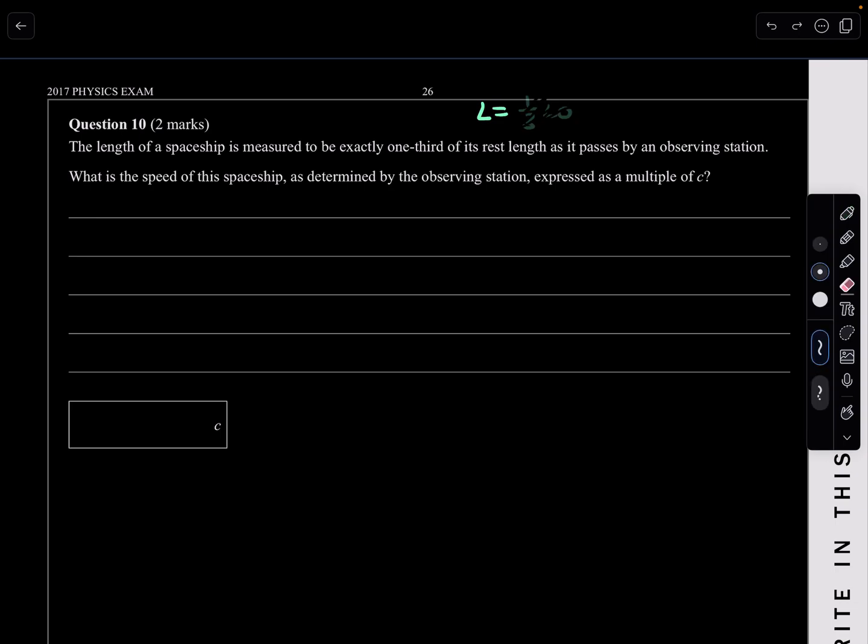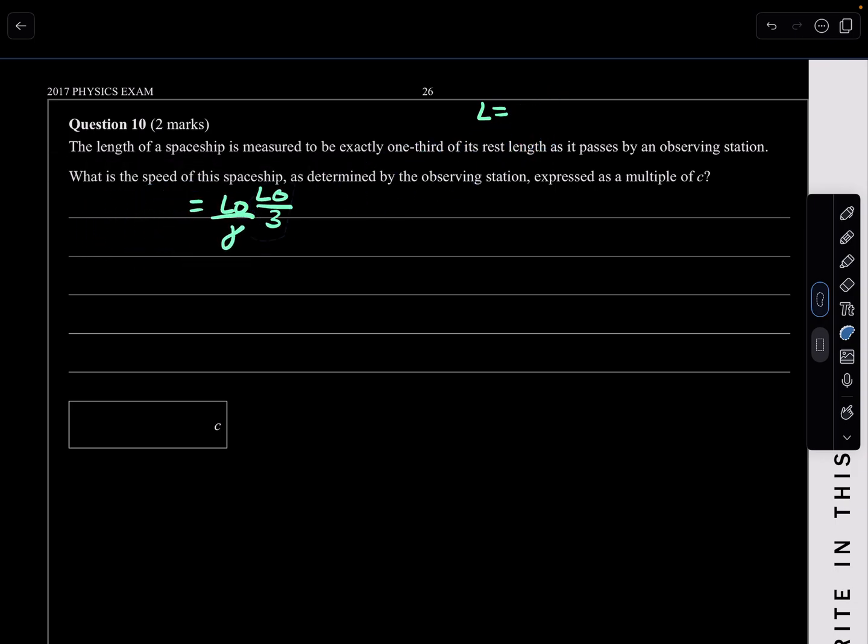Nice and easy. We write this as L0 over 3. Now we know the formula for length contraction is your proper length divided by your Lorentz factor. So if I know that L is equal to this, I can sub that L in here.